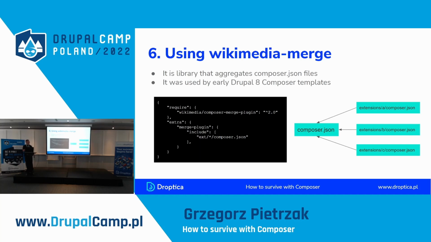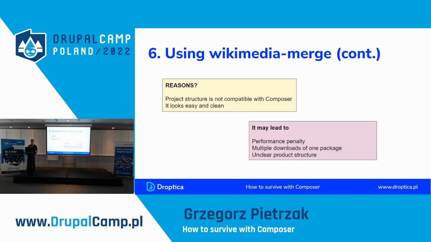And in my opinion, using this leads to a lot of mistakes, because people don't know how it works. People don't know what it is, and if there is even some small composer.json somewhere, it may add some dependency that you don't want in your project. So the project structure becomes very unclean, and there is also a lot of performance penalty.